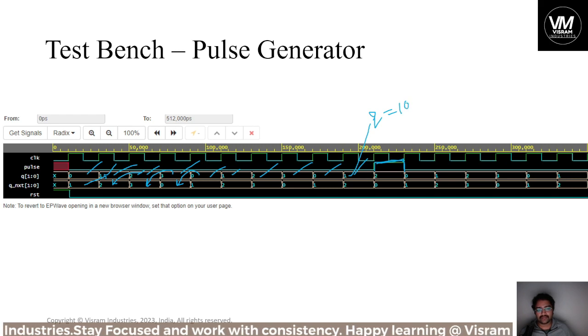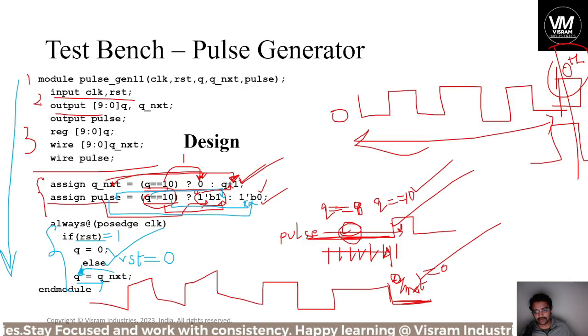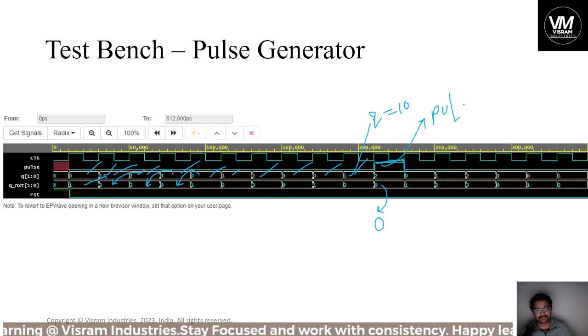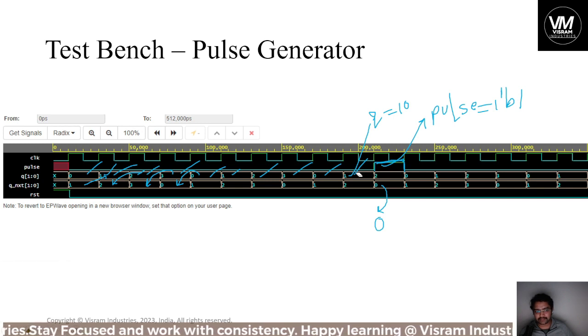We have understood that if Q is equal to 10, then Q next is equal to 0, and pulse will be 1-bit 1. 1-bit binary 1 is nothing but, see, pulse is equal to 1 when Q is equal to 10. Got it, guys? So that is how it works.